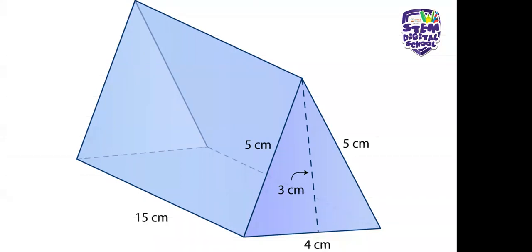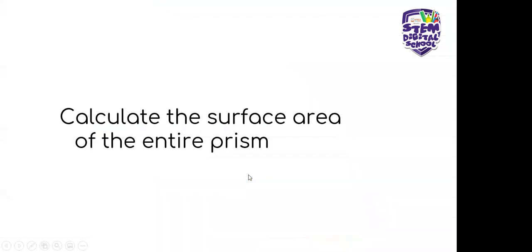You may not be able to see one side, but you must be able to visualize at times. You don't have to memorize the formula. You really don't have to memorize any formula in that case. So I hope that it makes sense. Let us now calculate the surface area. So we have now calculated the surface area of the entire prism.